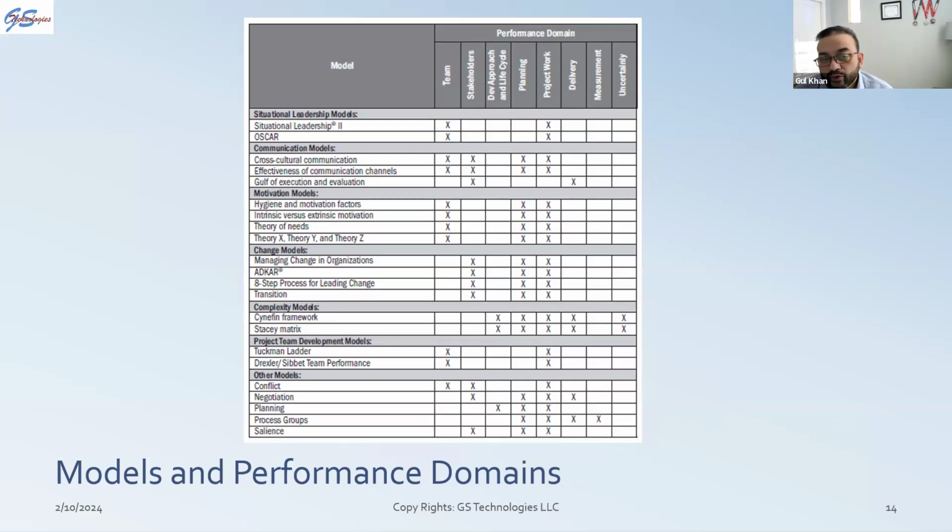We did not go through each one of them, for example, the complexity models, the Stacey matrix. I don't think they ask for the names, but they might ask you what the eight-step process of leading change is. So if you're doing leading change and this is organization level, you will know exactly where it falls in. Then the complexity models as well, where we have uncertainties, those complexity models are there.